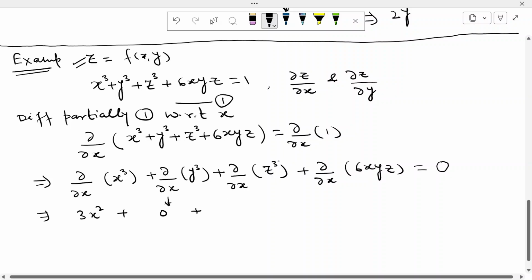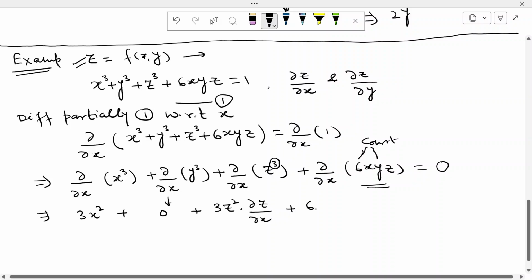So first we perform this differentiation with due to this exponent, which is 3. This comes out as 3z square. Now because z is a function of x, we have del z over del x. Now next, if you look at this bracket, this 6 and this y are constant, because y is constant as we are performing this differentiation with respect to x.